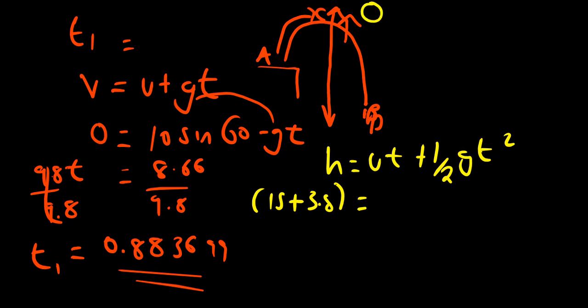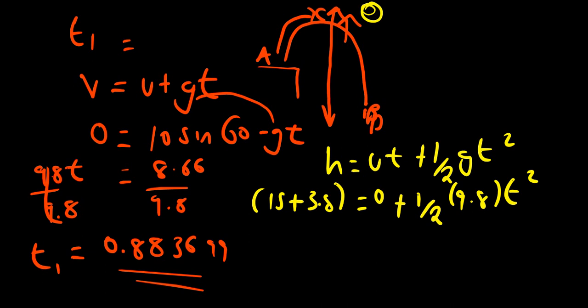What would be our initial velocity at that point? We know that at this point this will be our maximum point, and at that point it is 0. So this is 0 plus half g. Our g is 9.8. Our time is the one that we're trying to calculate.